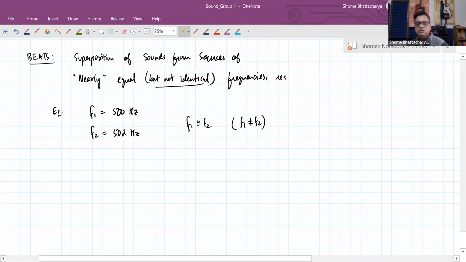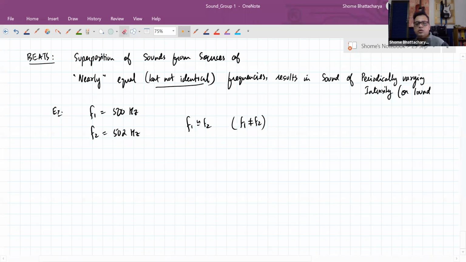So this results in sound of periodically varying intensity, or loudness, or amplitude, you can say.